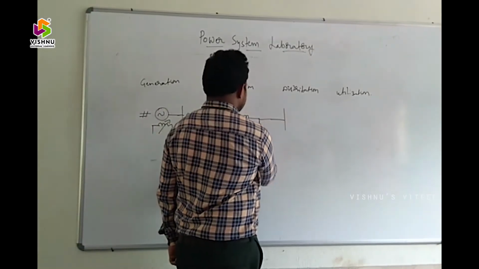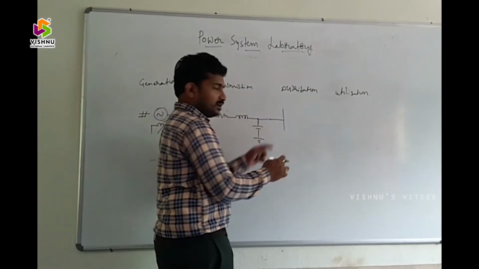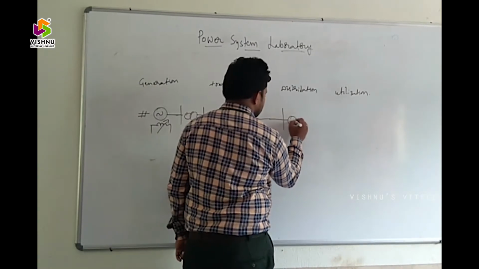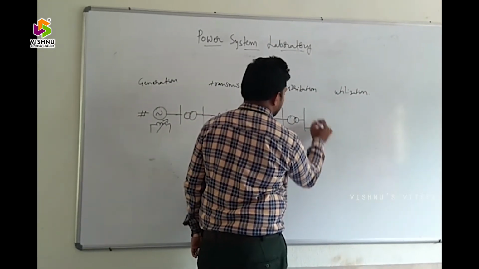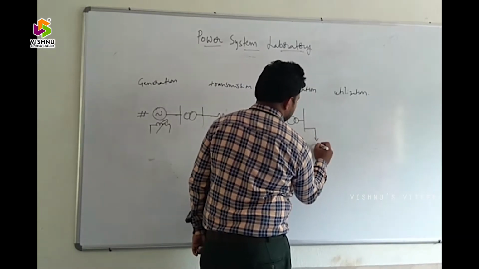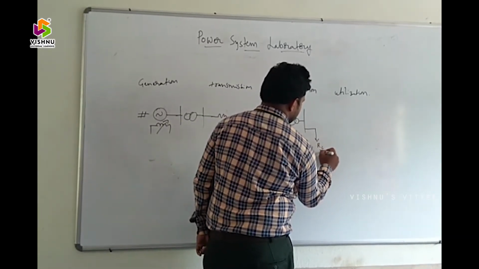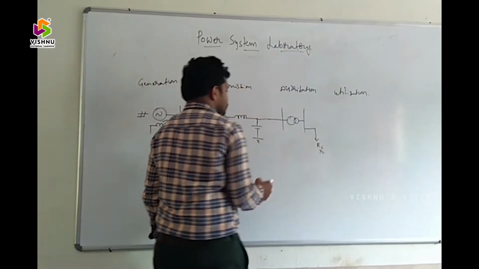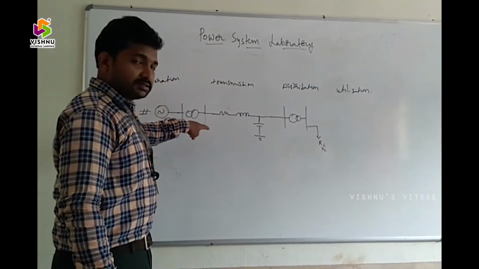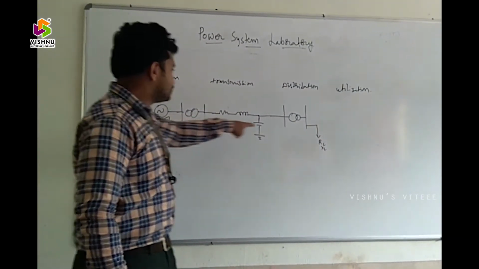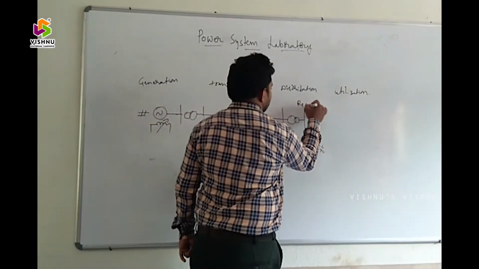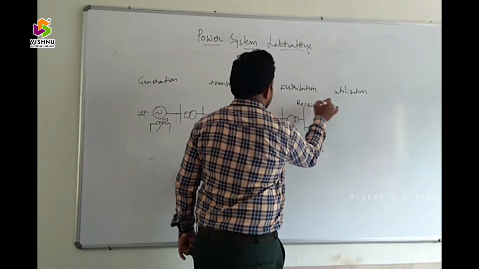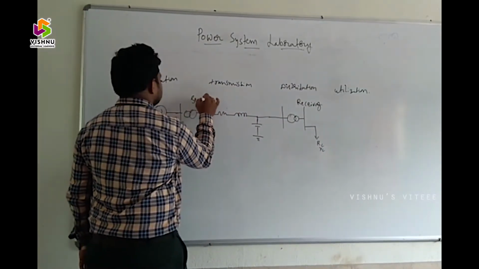Again, this stepped up voltage is stepped down by using transformers. At the back end, we will be having loads. So basically this is the receiving end, and this is the sending end.